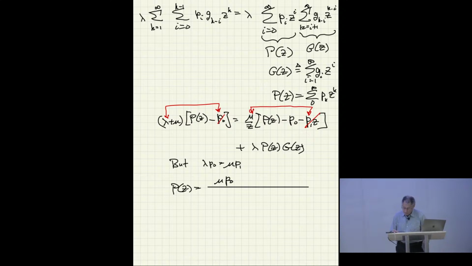And I also got a mu over z p0. Everything else is in the denominator. I got a lambda plus mu p of z. I've got a minus mu over z. And I've got a minus lambda g of z.